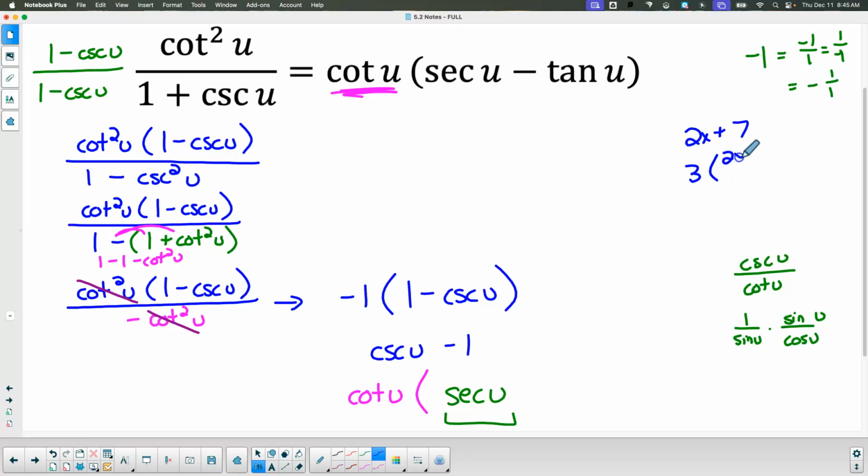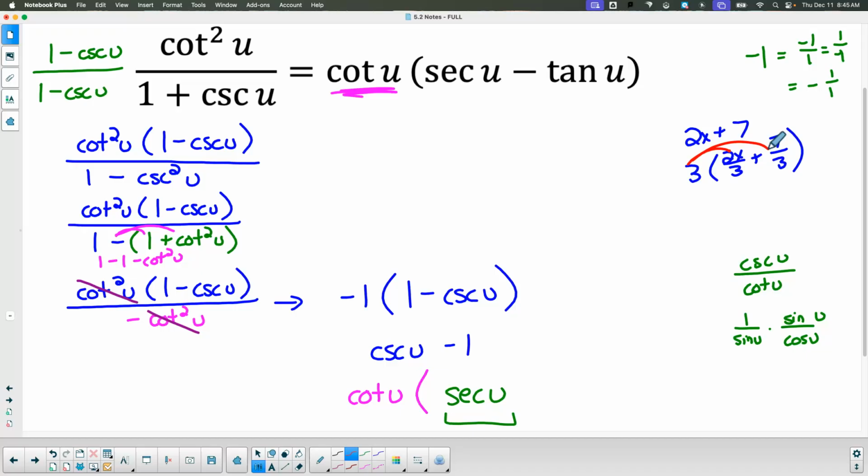Then it would be 2x over 3 plus 7 over 3. So that when I distribute this 3 back in, I'm back to 2x plus 7. With me? Same thing down here.